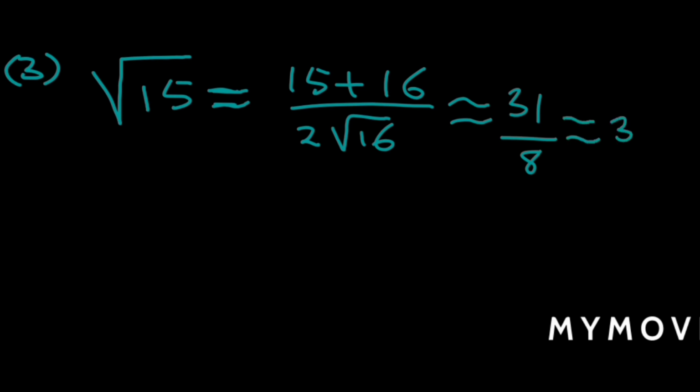So this is approximately equal to 15 plus 16, that is 31, over the square root of 16 which is 4, times 2, 8, which is approximately equal to 31 divided by 8, which is 3.9. So that is the approximate square root of 15.